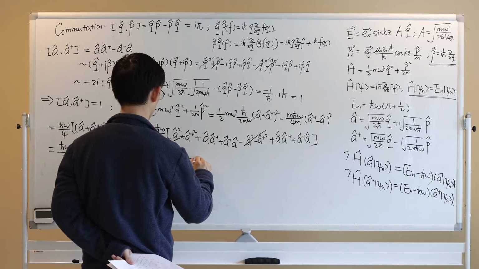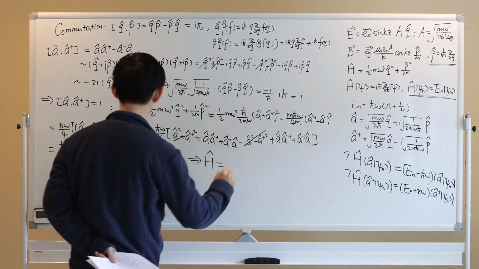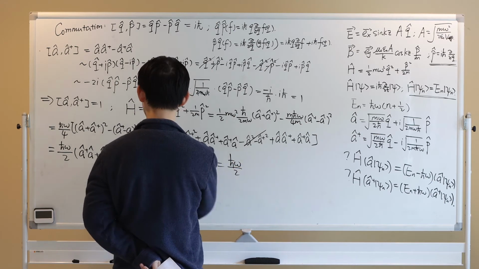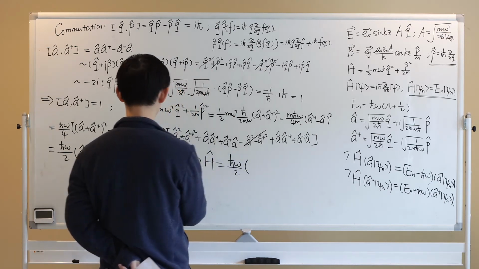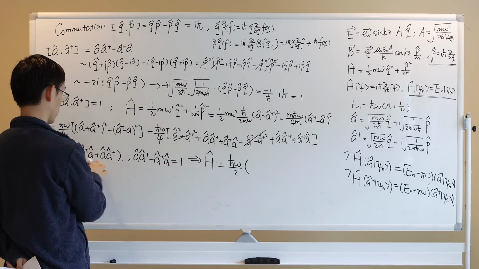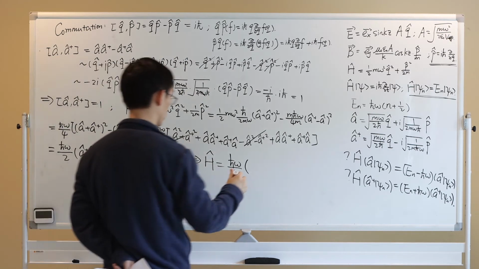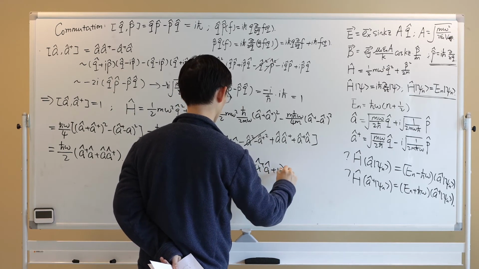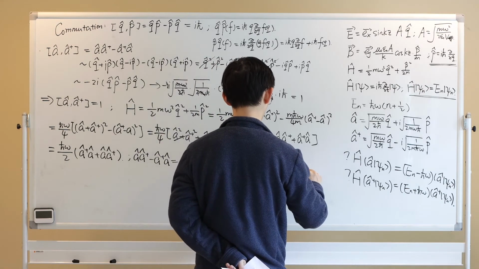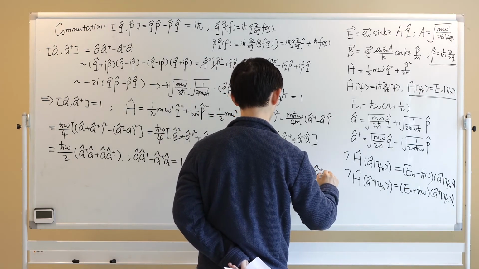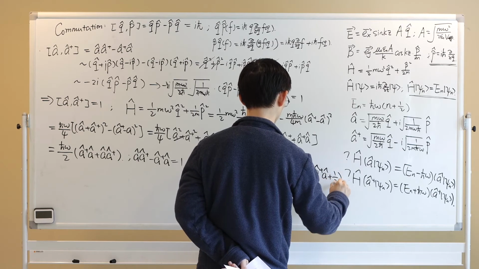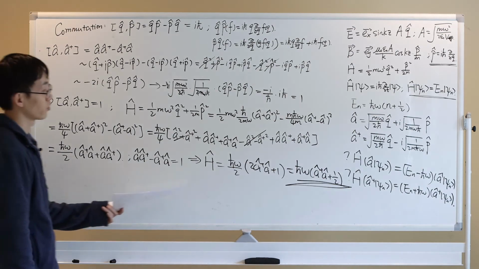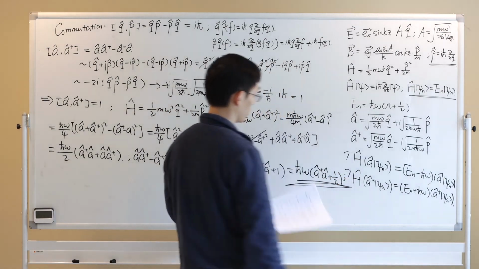This gives you the Hamiltonian of h bar omega over 2 times (2 a dagger a plus 1), which equals h bar omega times (a dagger a plus 1/2). So this is your Hamiltonian expressed in terms of a dagger a.